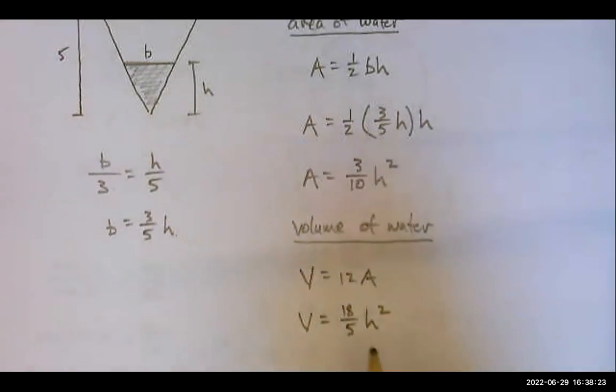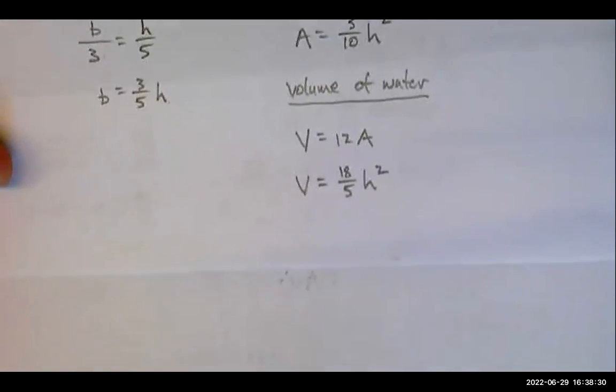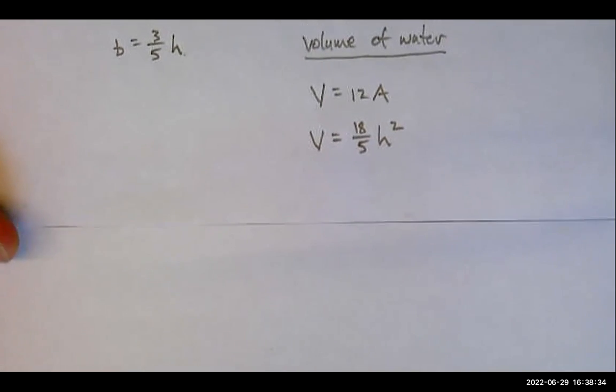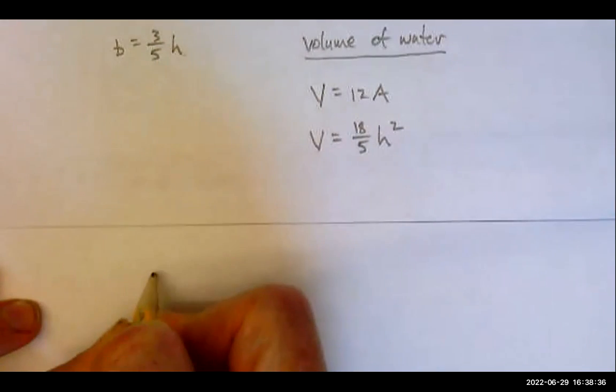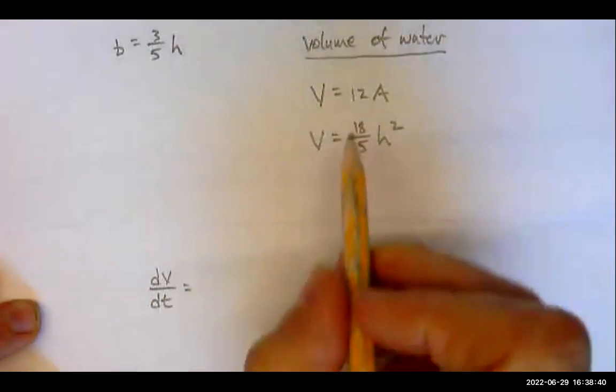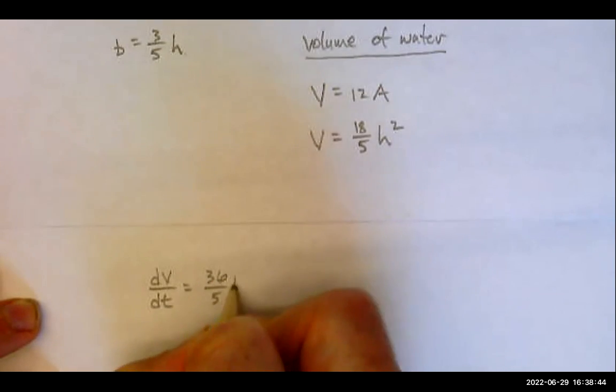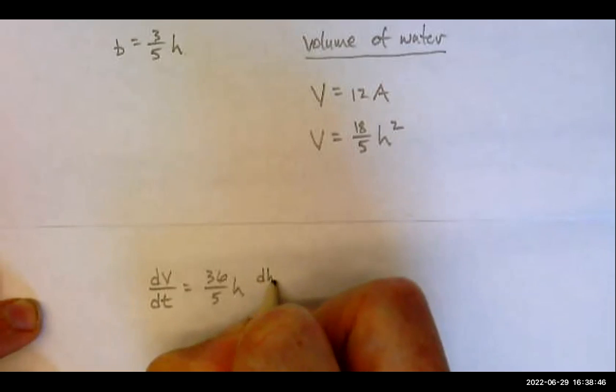Okay, once we have the equation relating volume and height, I'll say, all right, time for derivatives. And this is almost like the easy part, right? So derivative with respect to t, dV/dt equals derivative here, multiply the 2 down, 36/5 h times dh/dt.